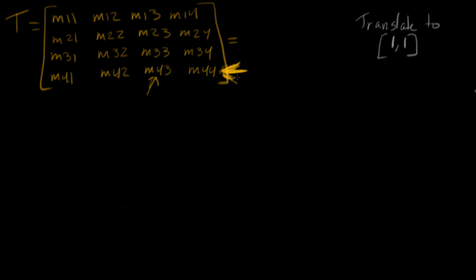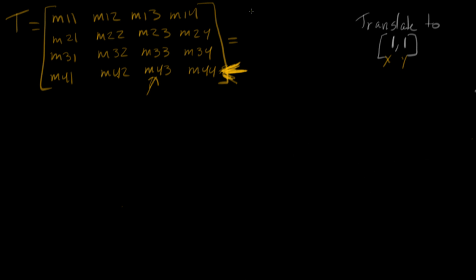M11 is going to be 1, M22 is going to be 1, M33 is going to be 1, M44 is going to be 1. M41 is going to be X, M42 is going to be Y, and if you're operating in 3D, M43 is going to be Z. Everything else will be 0. So translate to 1, 1, that's going to be X here and Y here.